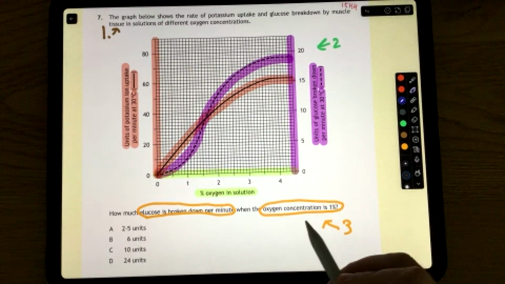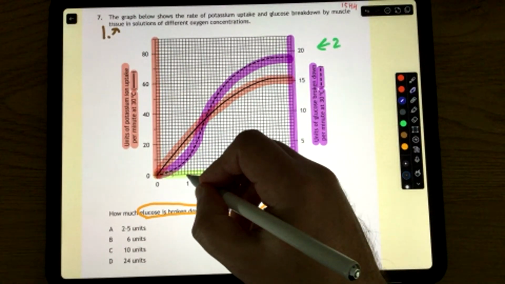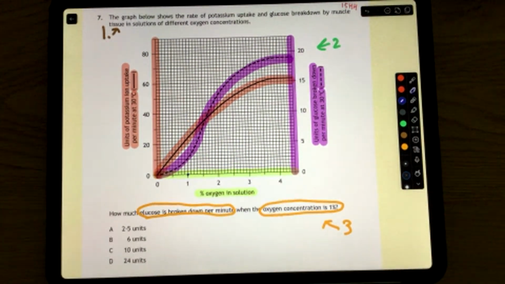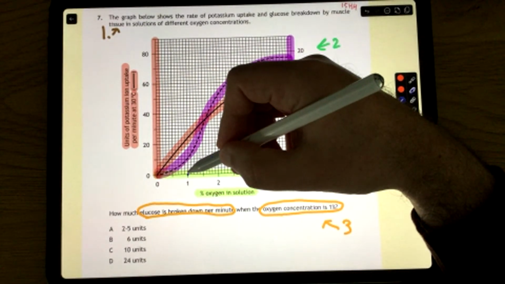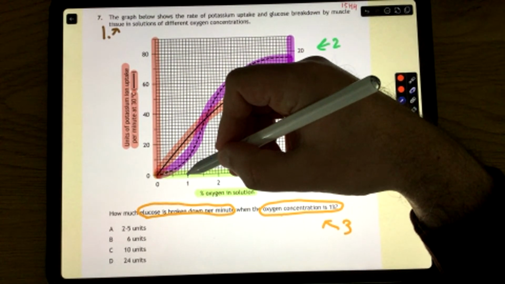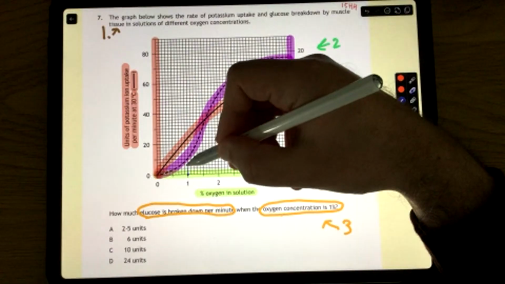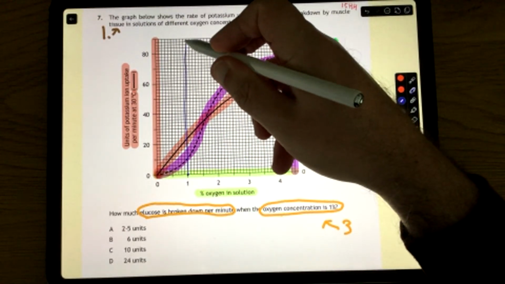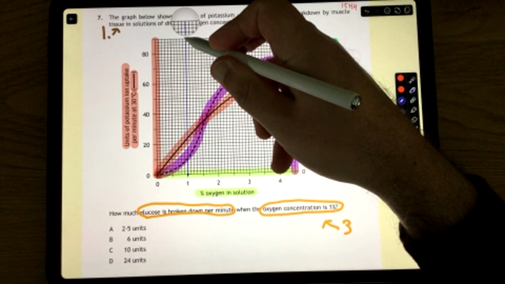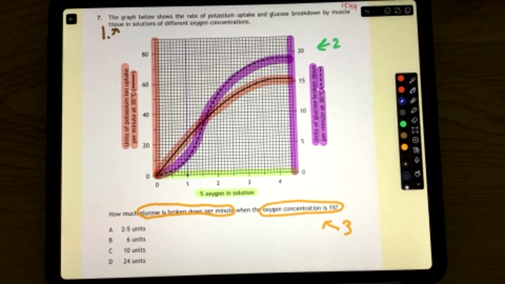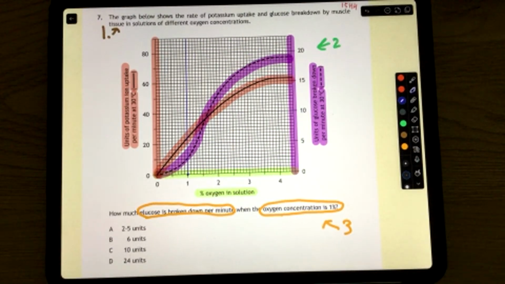If it's at the oxygen concentration of 1%, it's going to be red from here. So what I'm going to do from here is take my pencil, in this case a blue pencil, and run that line all the way up to the top. That's going to allow me to read the actual result from the glucose being broken down.